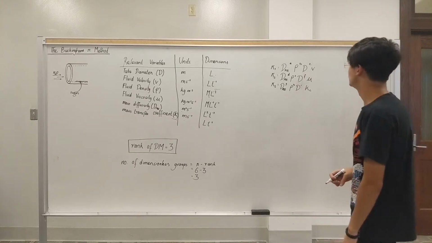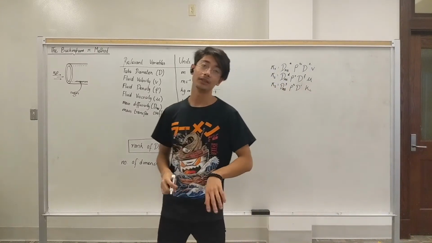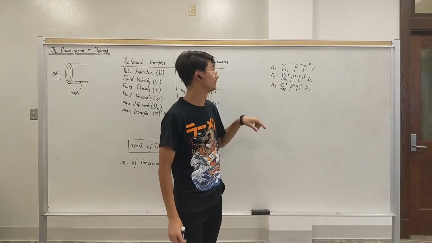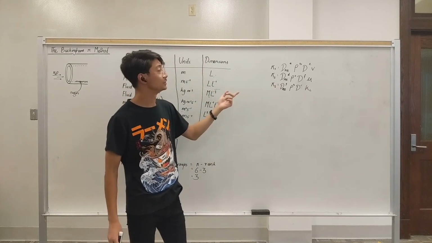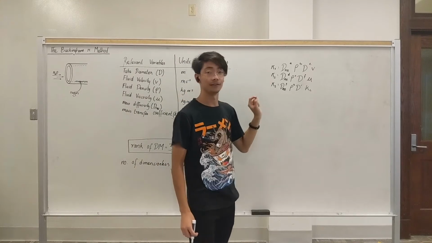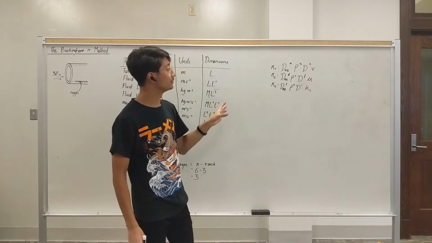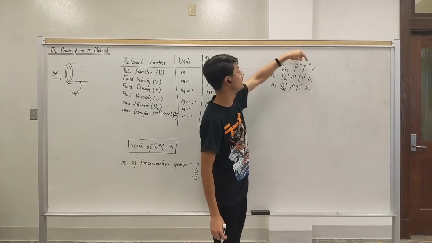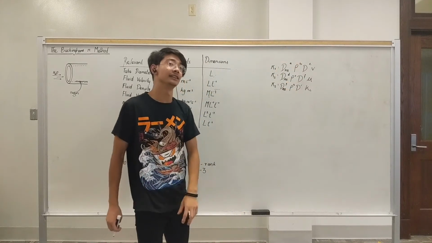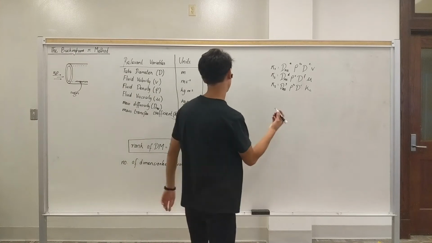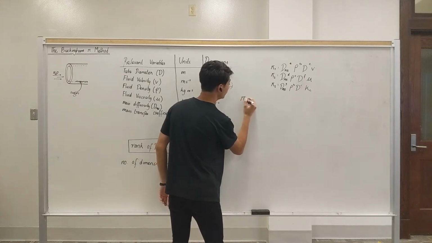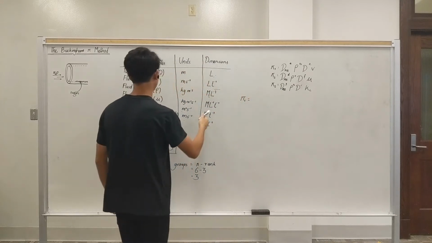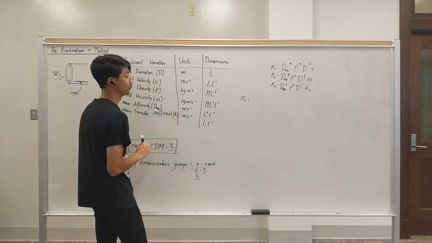There we go. Now, the one thing to remember about these dimensionless groups is that they're dimensionless, which means they don't have units. So using that information, we can actually find out what the values of A, B, C, D, E, F, G, H, I are. So let's go ahead and do that. Our pi 1 is equal to diffusivity, and the units of diffusivity are meters squared per second.